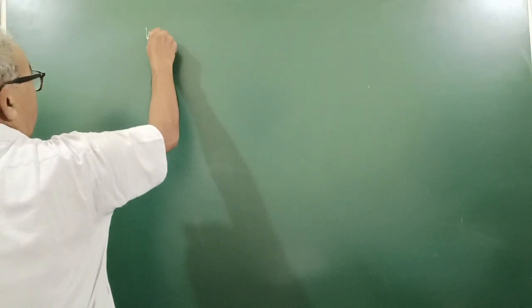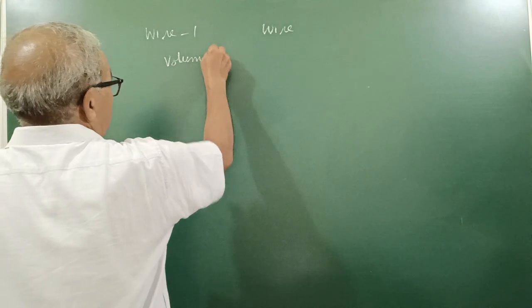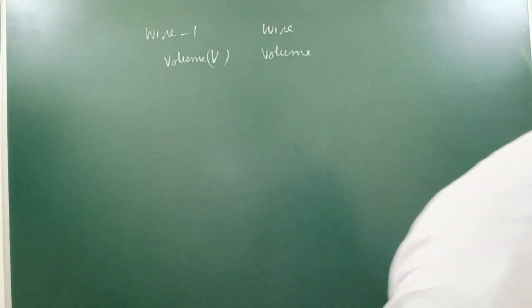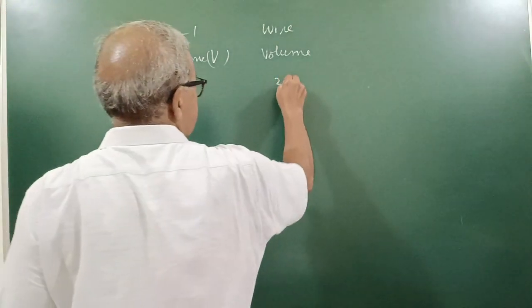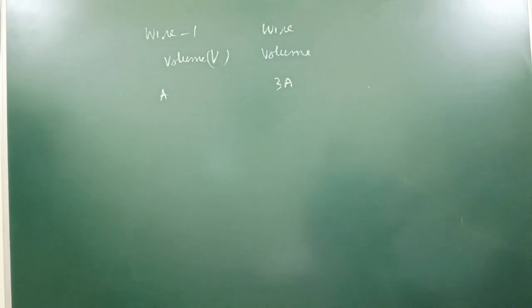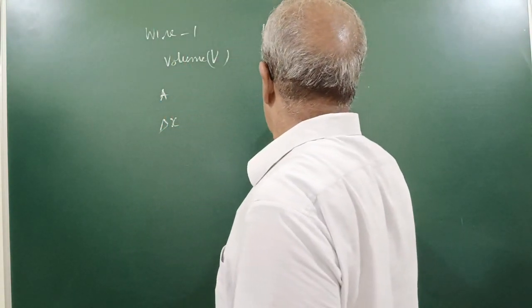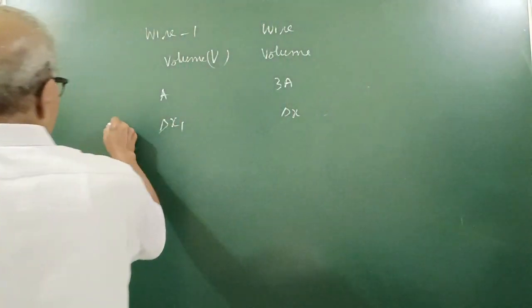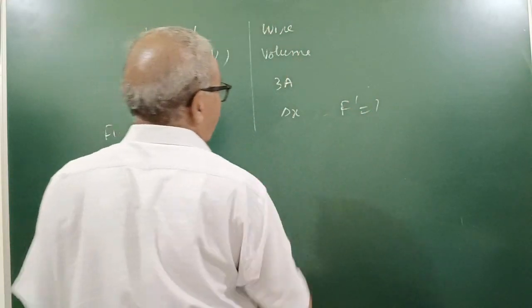They have the same volume V. If the length of wire 1 is increased by delta x by applying force F1, how much force F dash is required to elongate wire 2 by the same distance?